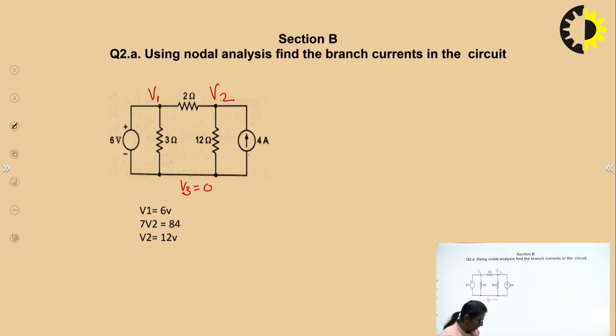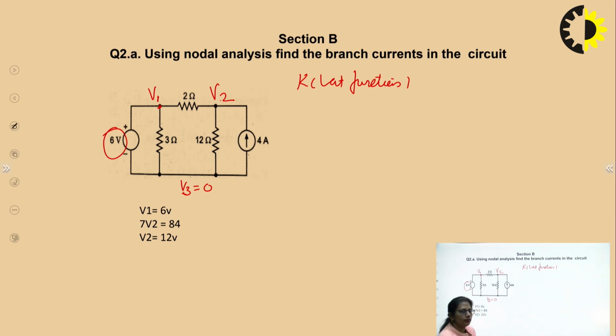If we apply KCL at junction 1, do I need to write the KCL equation for this? Don't I know how much V1 is? V1 is the junction here, and the voltage across this junction itself is 6 volts.